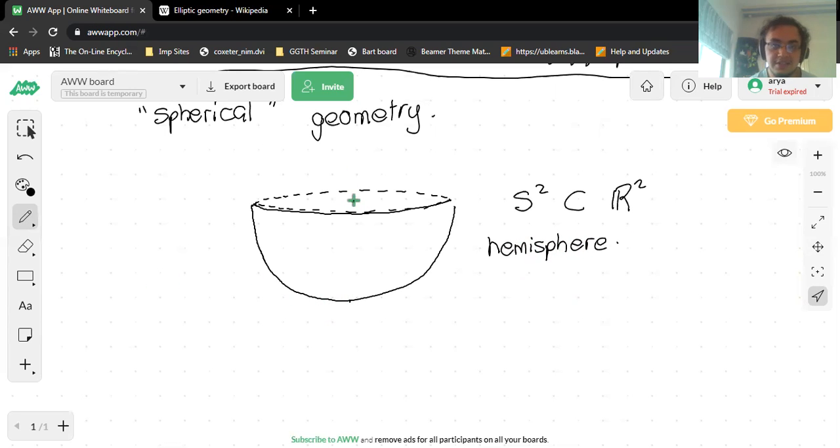So let the center of the hemisphere be O, and at the bottommost point I'll draw a plane tangent to this point.